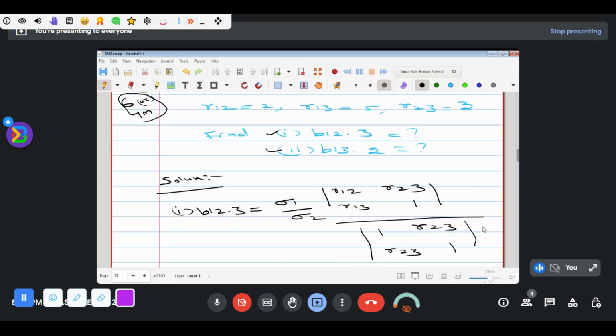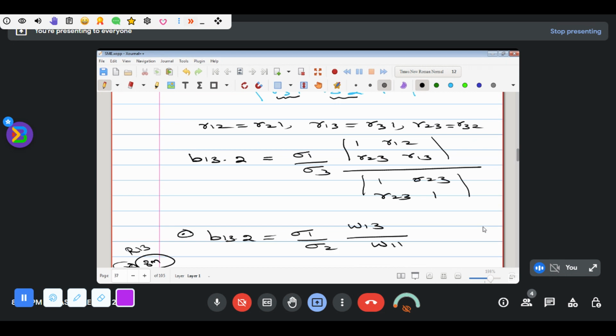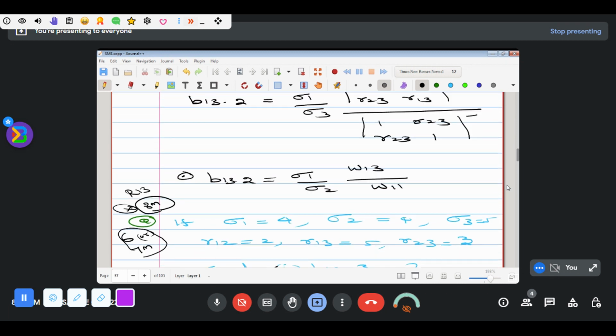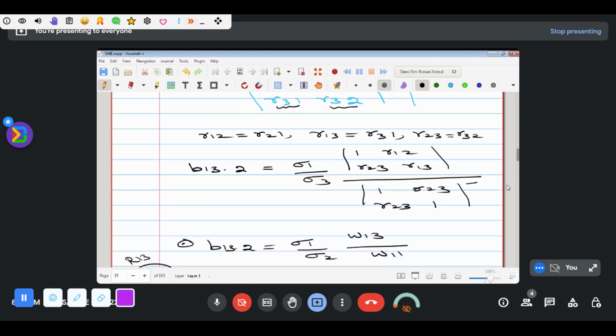Write the formula also: 1, R12, R23, R13. This is the formula for the numerator. The denominator is the same for both results, but here it is sigma 3, and sigma 1 is in the same process. Write the formula again and simplify.